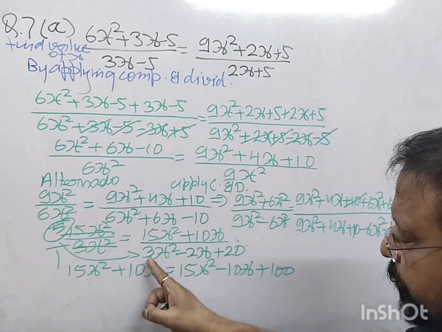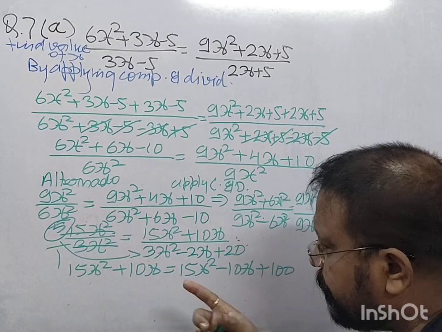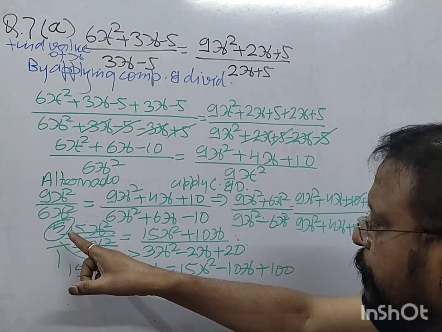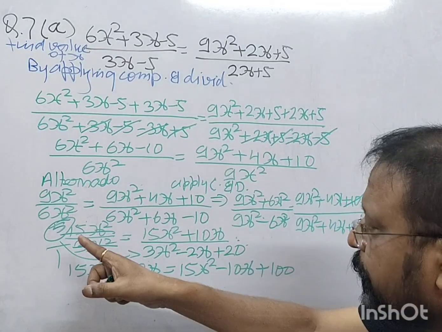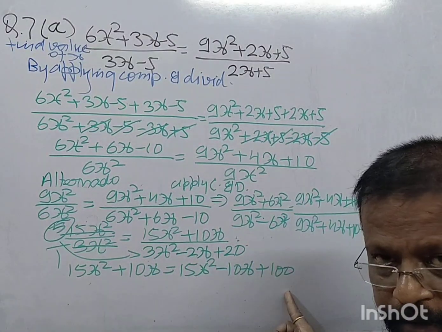This 5 is 3, 3 times 5 becomes 15, 2 times 5 becomes 10, and 5 times 20 becomes 100.